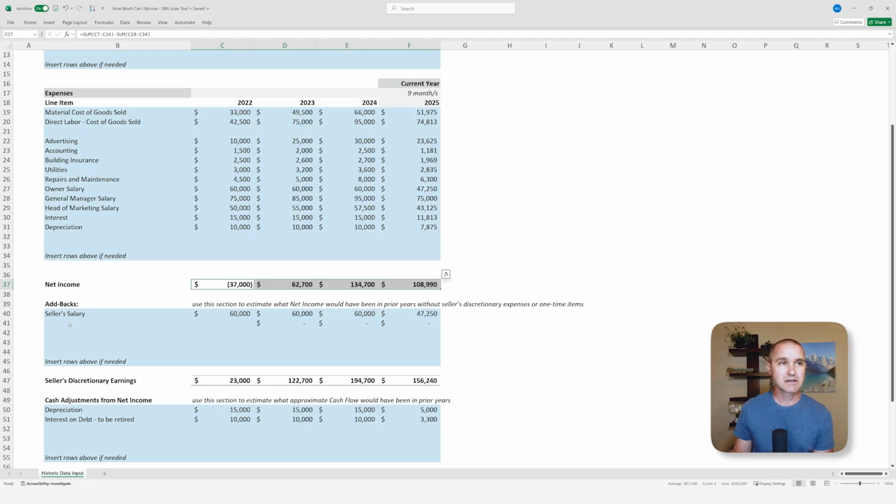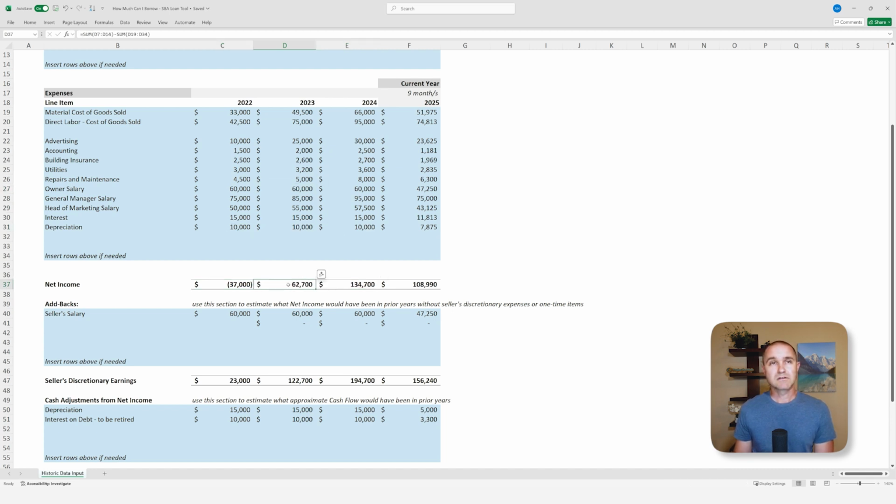The first thing I'm going to add back in this example is the seller's salary. We've got owner's salary here, and the owner's been paying themselves $60,000 as a salary. It shows up as an expense on the tax return, and it's reducing their net income, right? So when you look at the bottom line of the business, the owner is also getting $60,000 a year plus the profit.